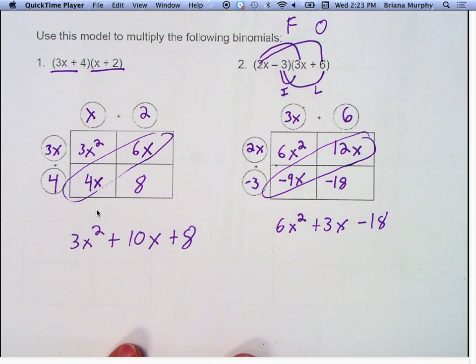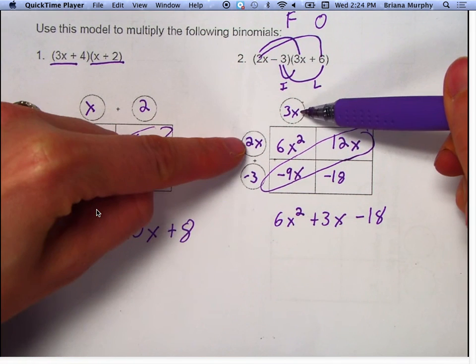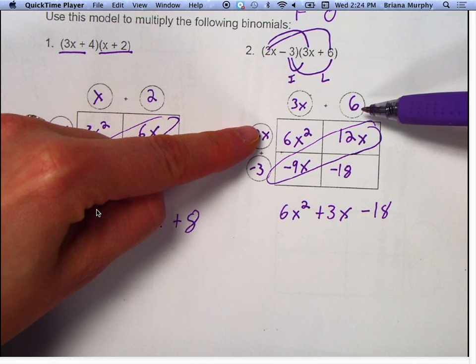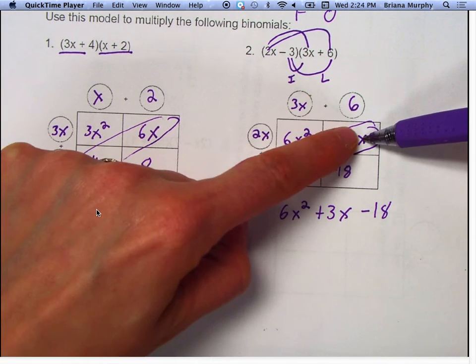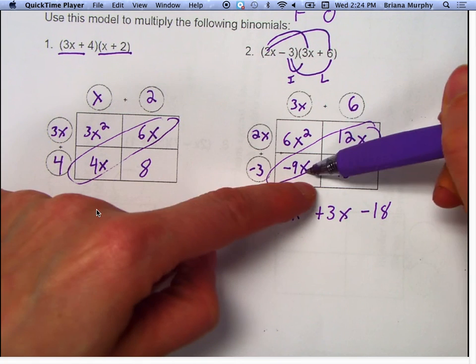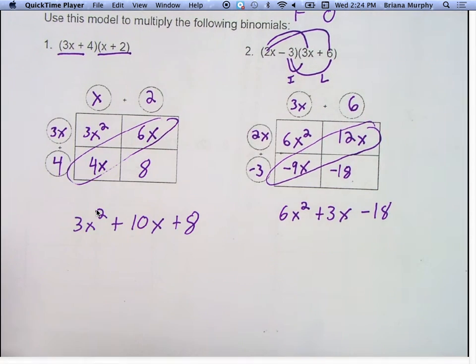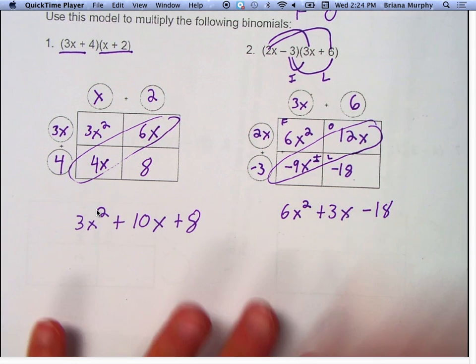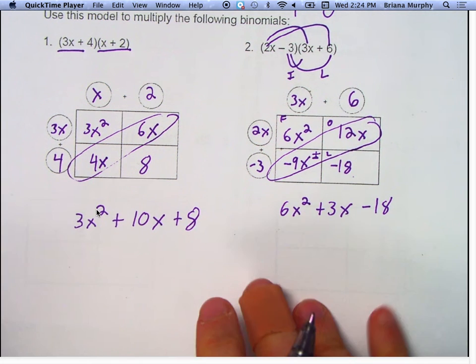First, outside, inside, last. Did we do that here? Look at this. See how this is first, right? These are the outsides. This is the insides, and these are the last. So this is FOIL still. I just like the box better. You can do FOIL.